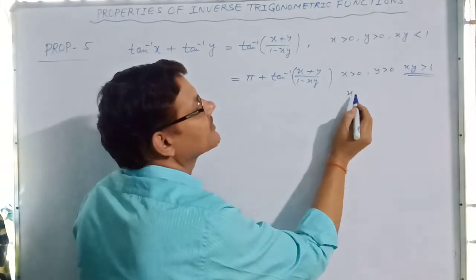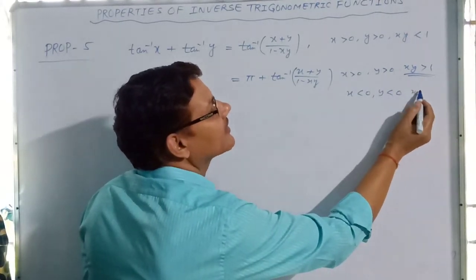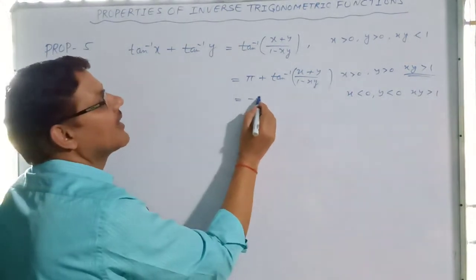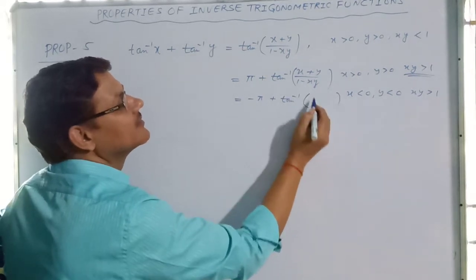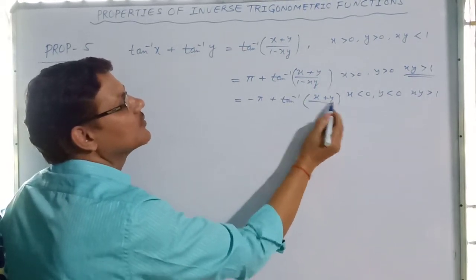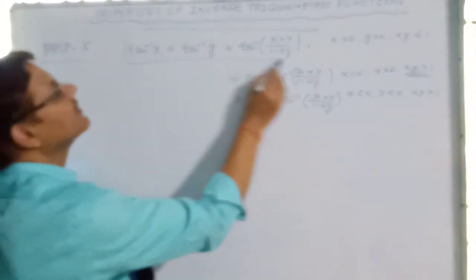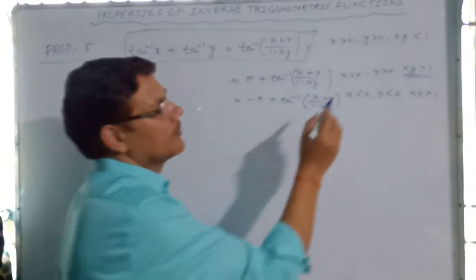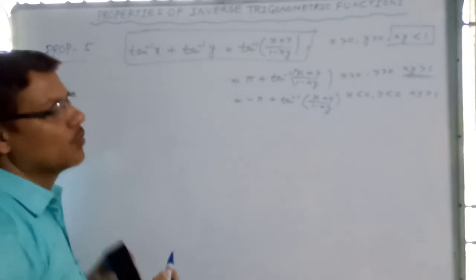Again, if x is less than 0, y is less than 0, and xy is greater than 1, then it is equal to minus pi plus tan inverse of (x plus y) by (1 minus xy). But in our syllabus only this is given. So we consider this property, but we must check xy is less than 1.